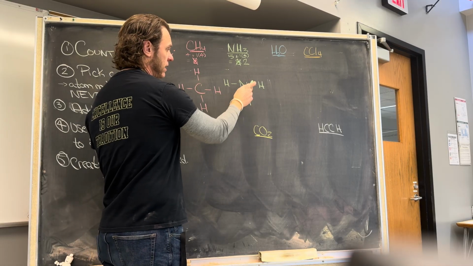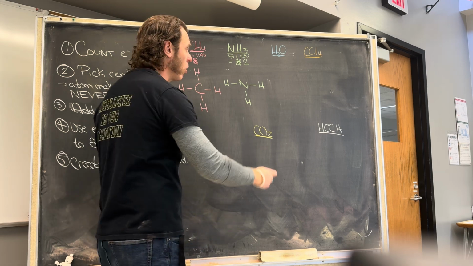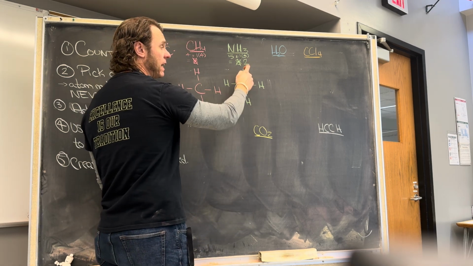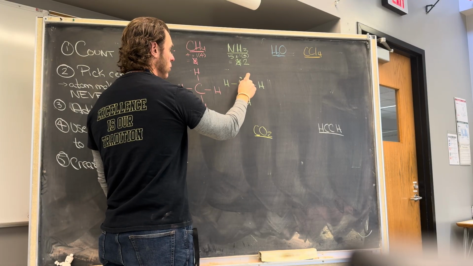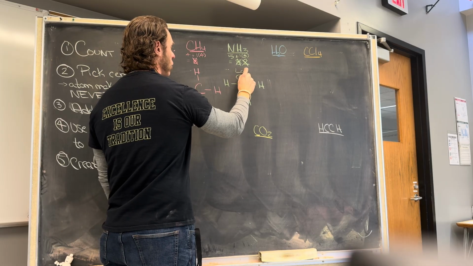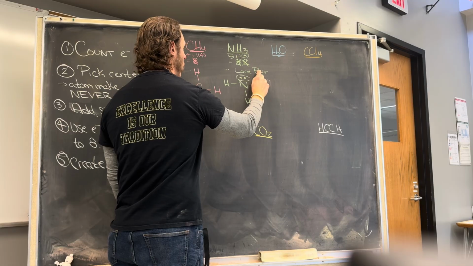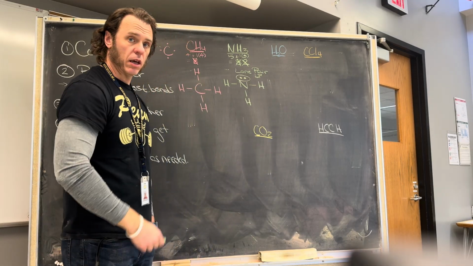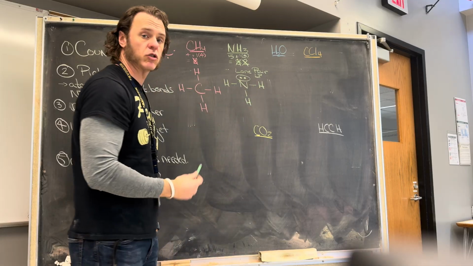Nitrogen, 2, 4, 6, only has 6 valence electrons right now. It needs 2 more. Conveniently, I have 2 more electrons there. 1, 2. This right here is called a lone pair, or an LP. Counts as 2 electrons. Nitrogen now has 2, 4, 6, 8 electrons. We're done.